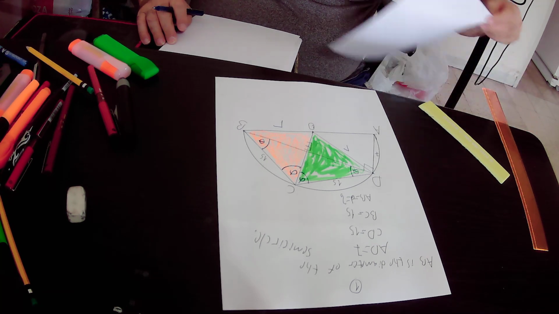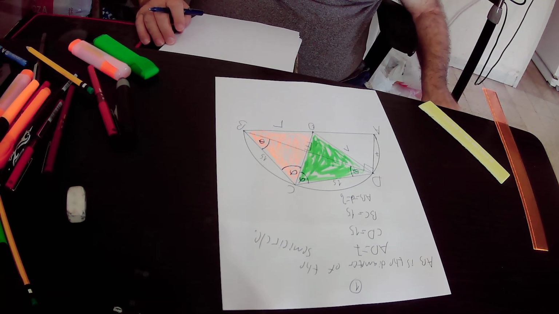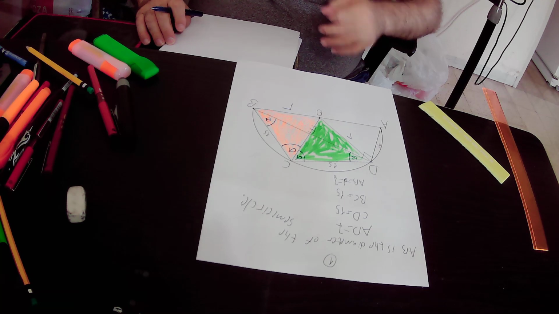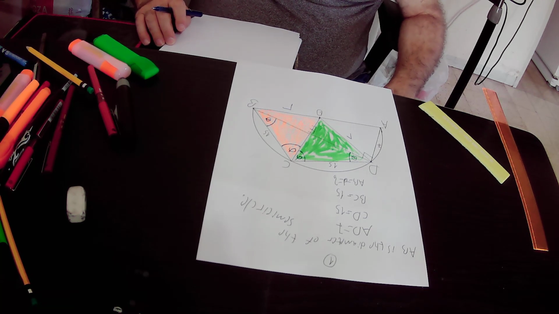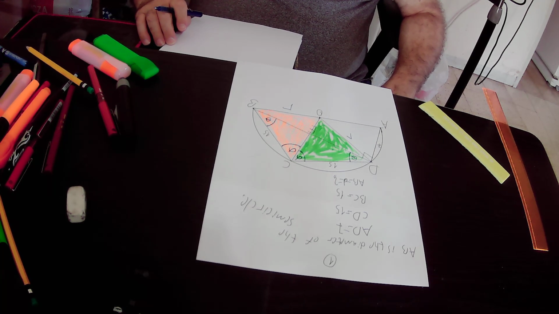Actually, the side angle side rule states that if two sides of one triangle and the angle between them are equal to two sides and the angle between them of the other triangle, then those two triangles are congruent to each other.